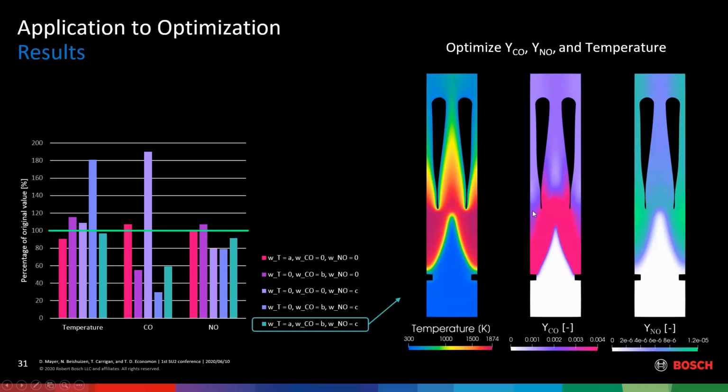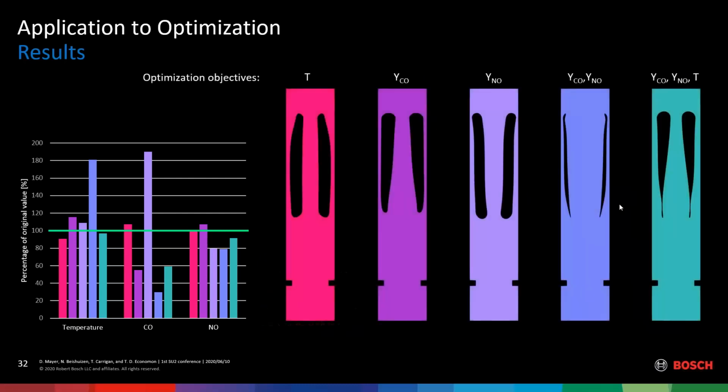There are similar effects that I just explained. So this gives a little bit more room here for CO to oxidize. It also forms this increased cross-section area region where CO can oxidize further to CO2, while at the same time NO gets cooled a little bit on the sides here, which reduces the overall NO value.